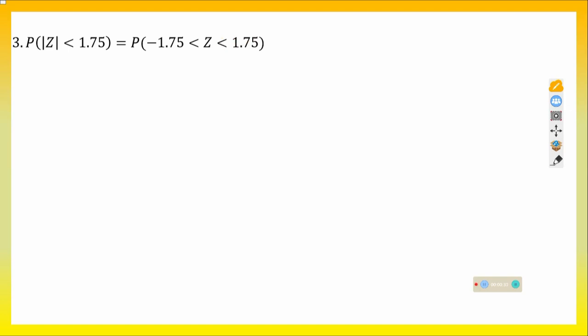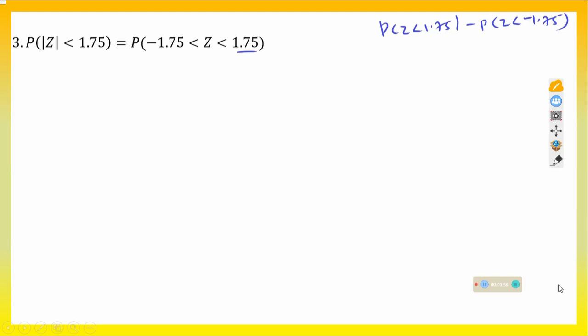Then simplify it using the method we have been using. You will get probability of Z less than 1.75 minus the probability of Z less than negative 1.75.